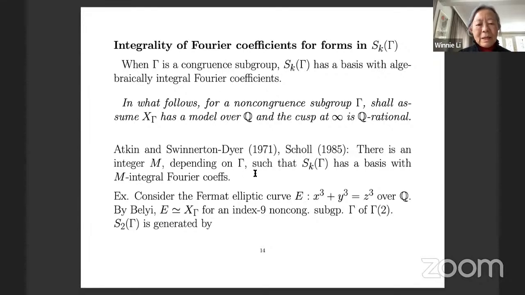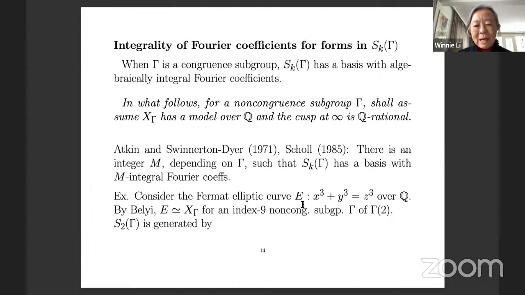Let me give you one example of a non-congruence modular form. Let's consider the Fermat curve, x cubed plus y cubed equals z cubed. It is also an elliptic curve. By the modularity theorem, we know that this E is isomorphic to a modular curve. In this case, the group gamma is an index 9 subgroup of gamma 2.